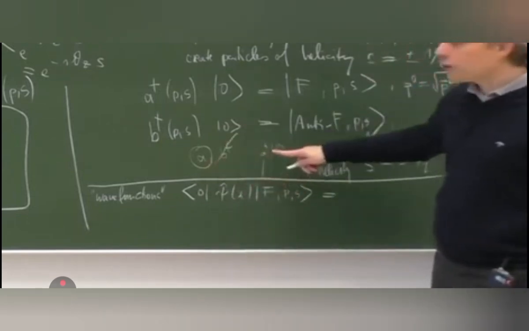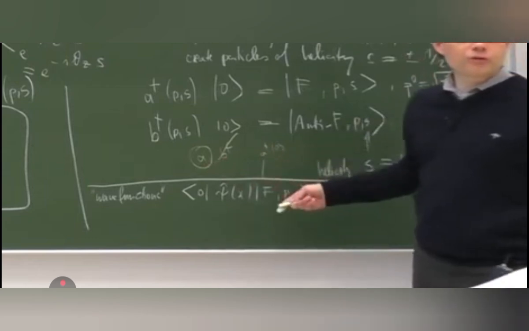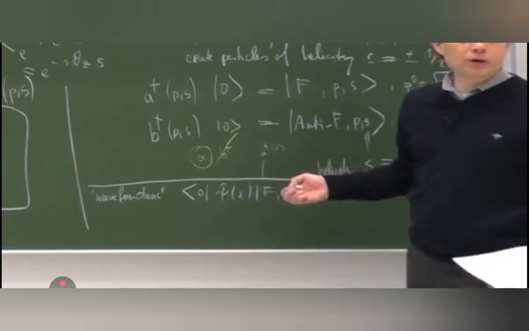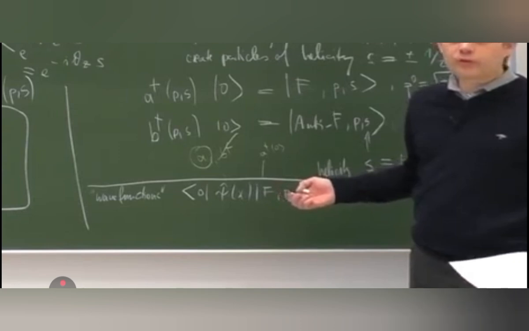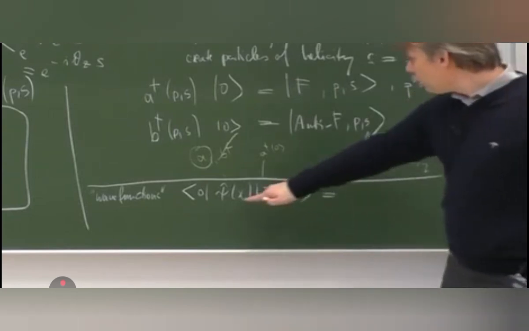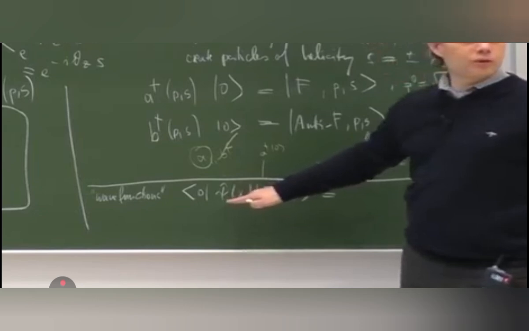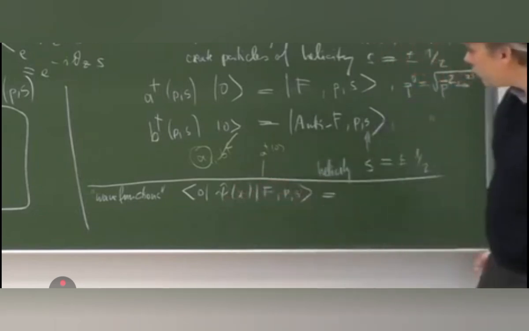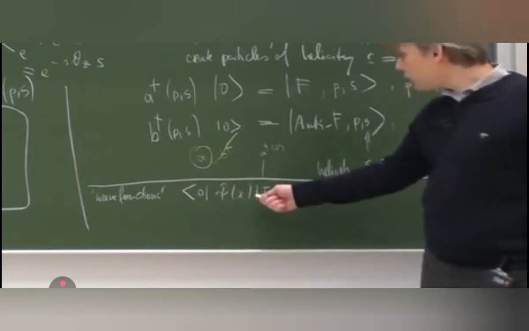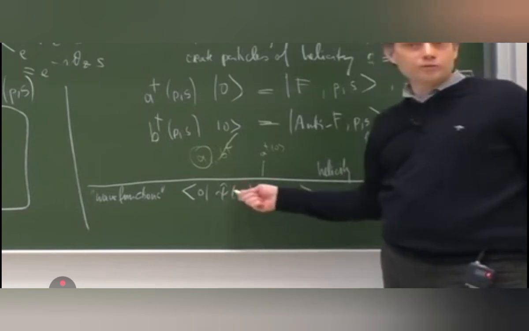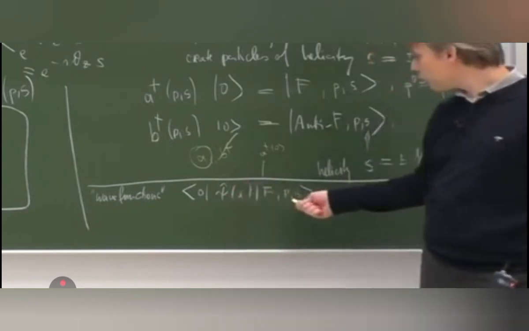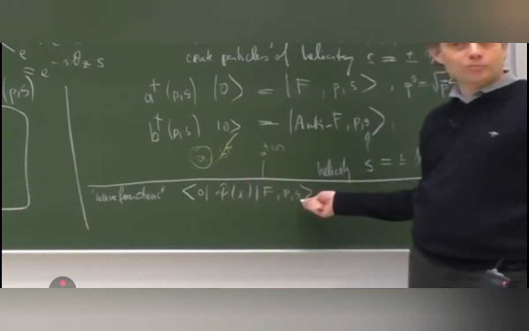A dagger gives always this typical normalization factor 2 pi cubed times 2p0 times the delta function. And so therefore in the integral, the dp tilde integral gets cancelled, the sum over s gets cancelled, and the only thing that remains is the coefficient inside of the field operator in front of the component with this momentum and that spin s.